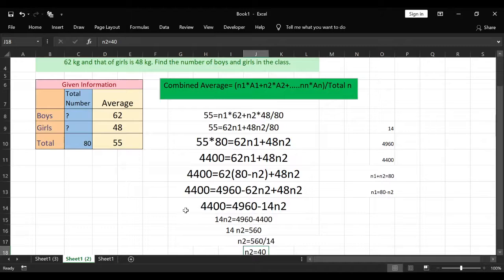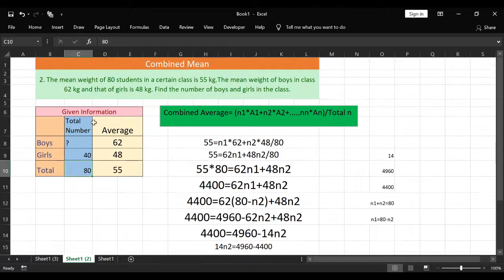So now I'll apply the values here. N2 is group 2, so group 2 value is 40. So now I can easily check the values. If the total number of students in a class is 80, and the number of girls is 40, the number of boys we can easily make out, that is 80 minus 40, which is 40.